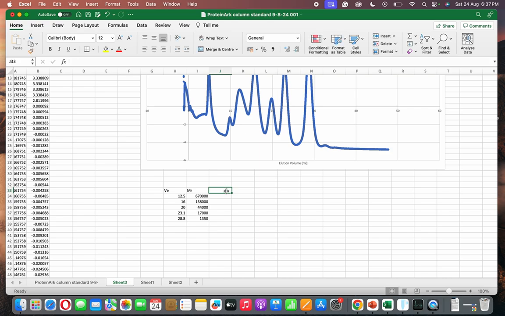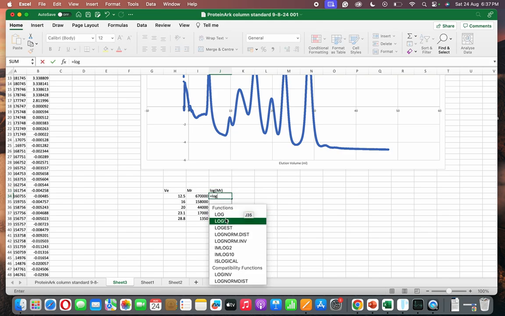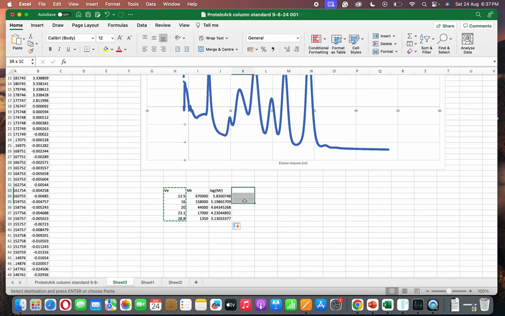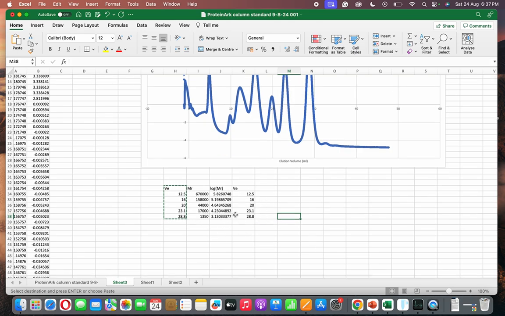What we need to find is the log of the molecular weight. So just quickly find that. So now this is what we need to plot to make the standard curve.